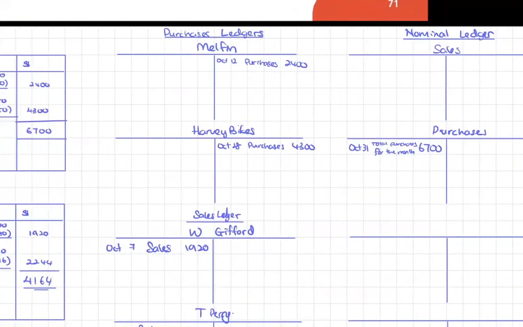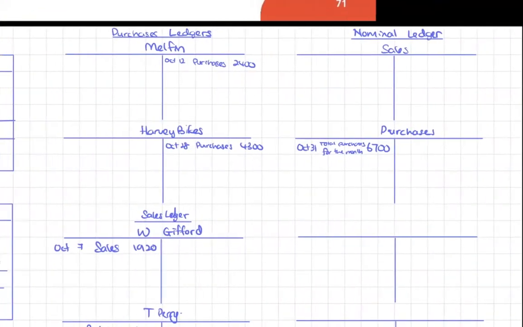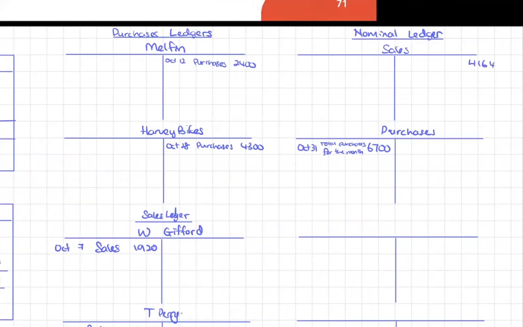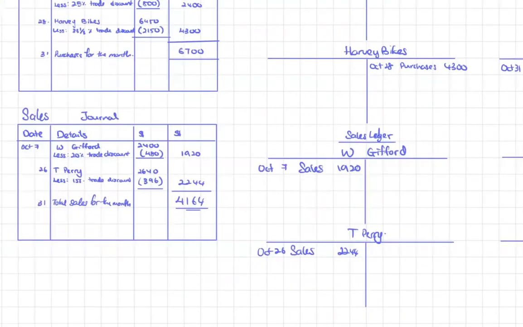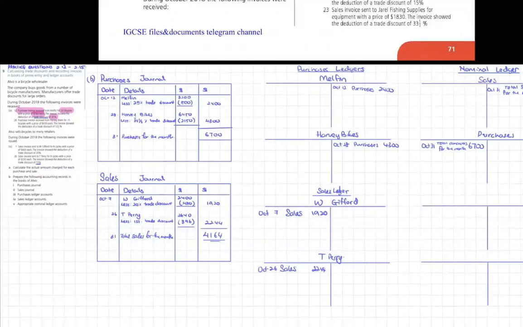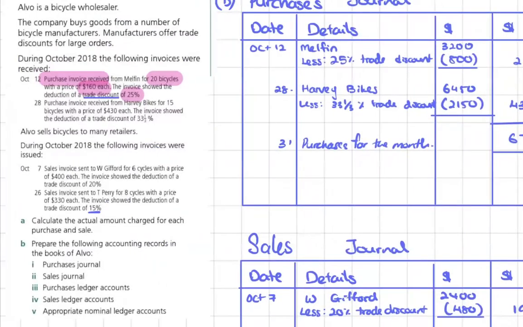As long as it is generally accepted, then it's all right. 4,164, October 31st, total sales for the month. And that's it. We will not record any form of discounts here because the discounts are only trade discounts. If it is cash discounts, then we might record it later on. But now we're just dealing with trade discounts here.